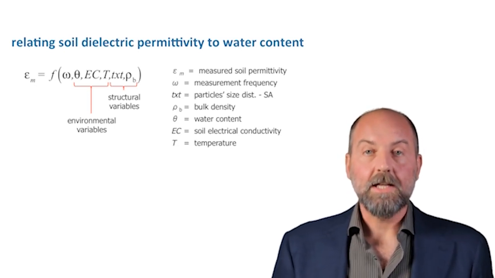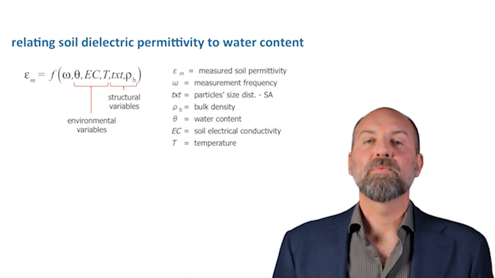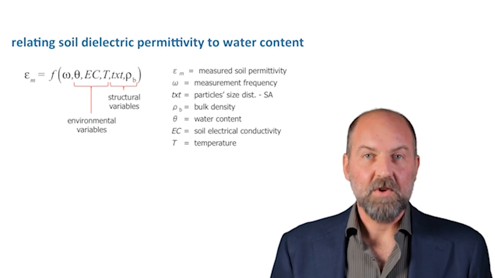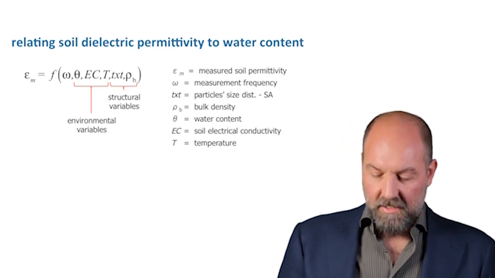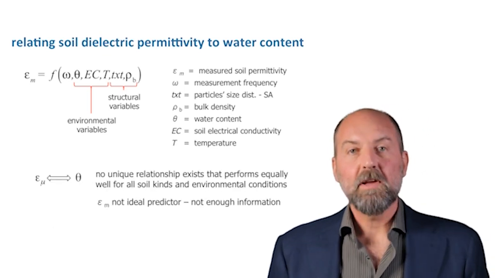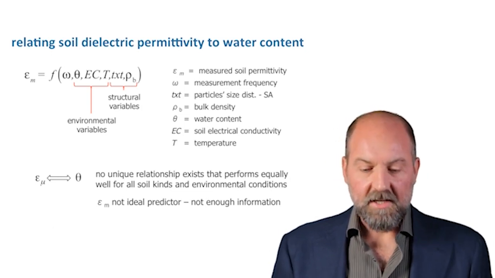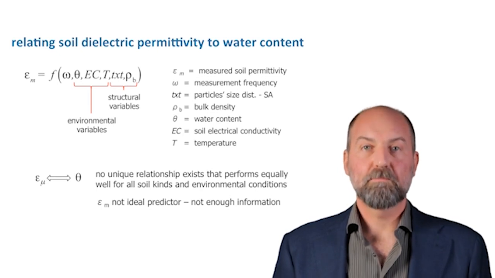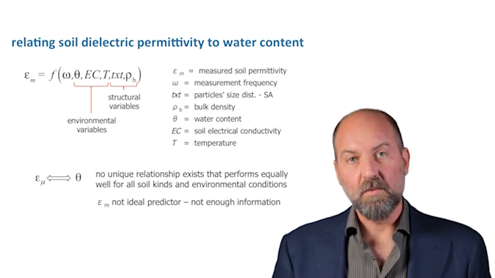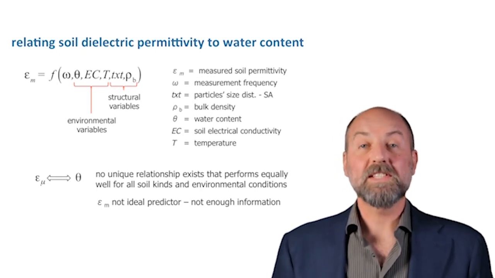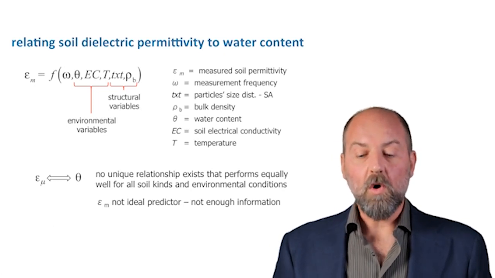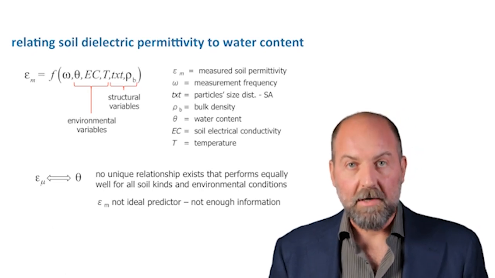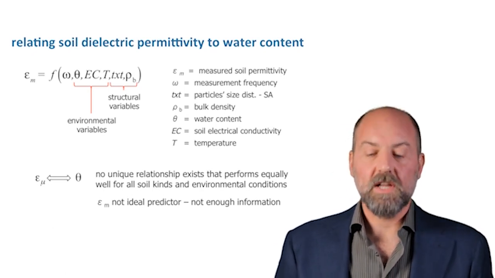And soil, like any other material, displays a dielectric permittivity which depends on temperature. The problem that we're facing is that a relationship between estimated permittivity and water content that works equally well for all values of structural or environmental variables simply does not exist.